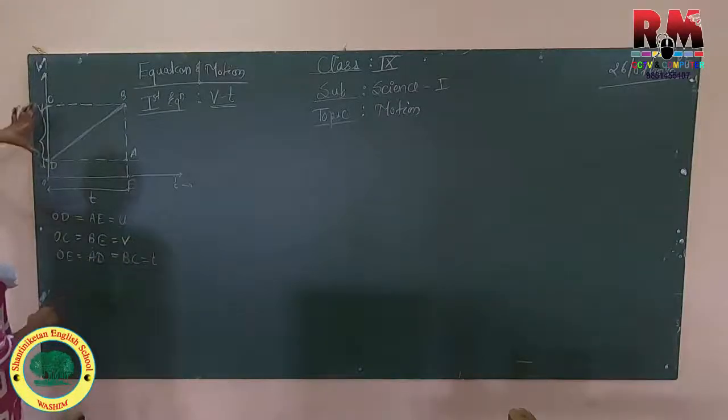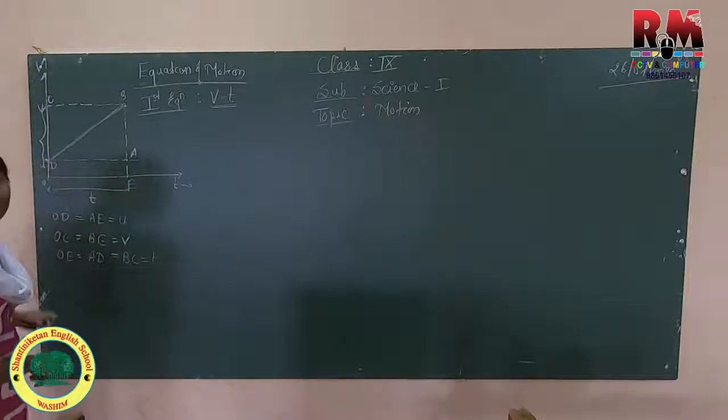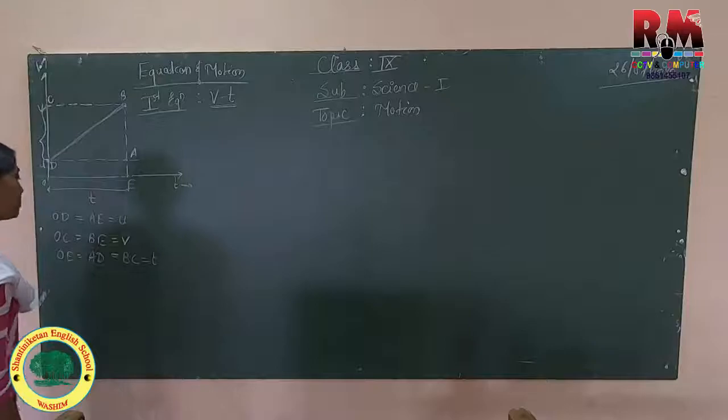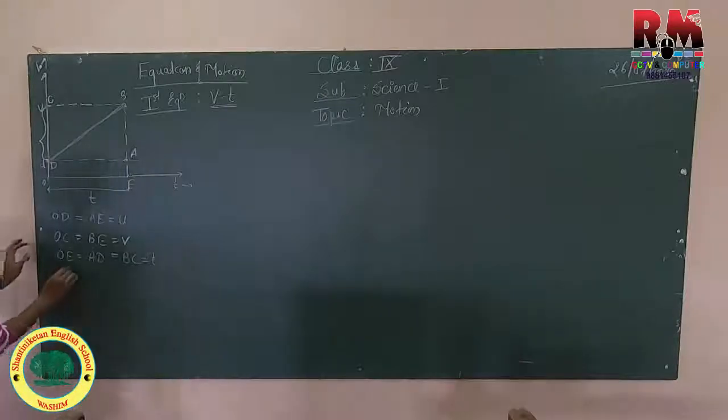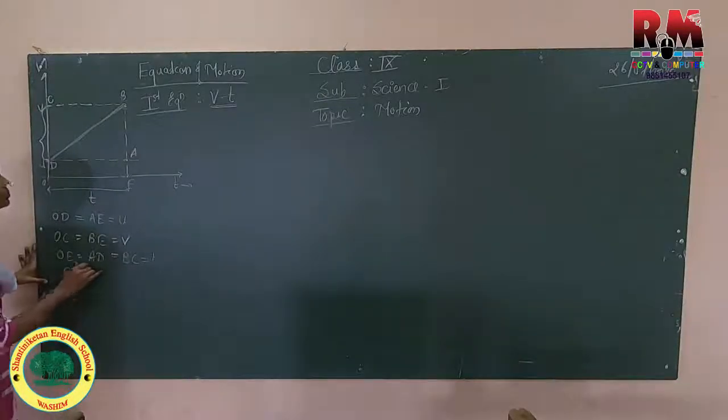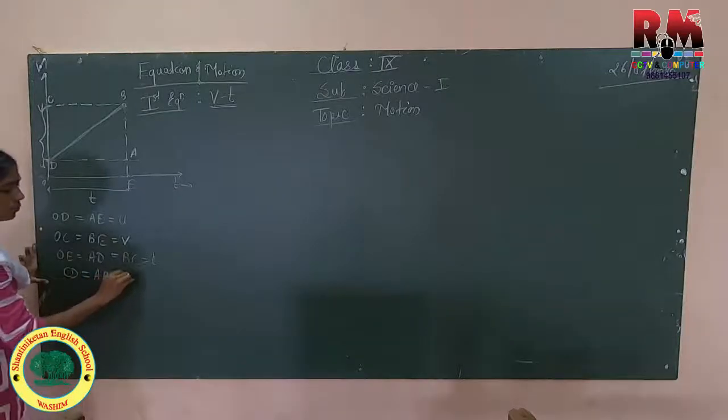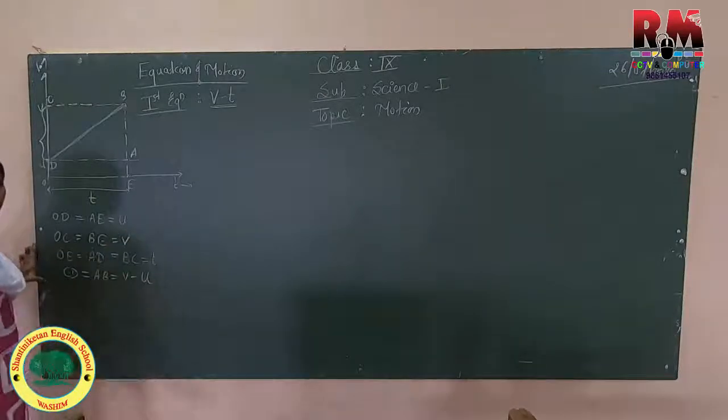In the same way, CD is v minus u. Suppose it is 30 and 20; 30 minus 20, this value will be 10. So CD is equal to AB is equal to V minus U.